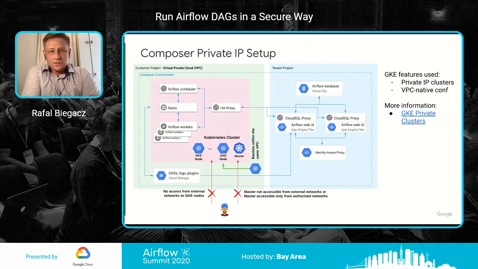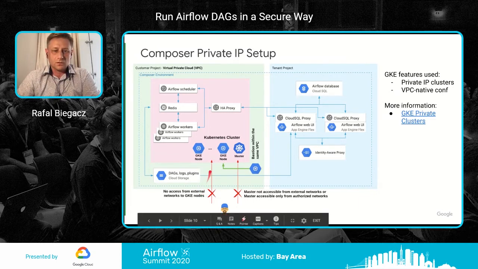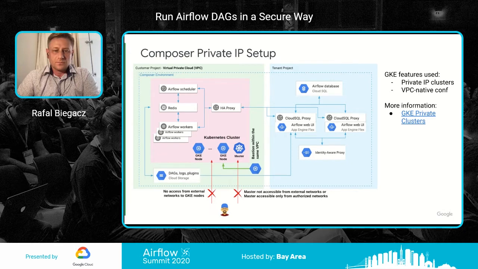And once we do that, we will block access to GKE nodes from the external world, because those virtual machines used for GKE nodes are not going to have external IP addresses. On the other hand, when it comes to the GKE master, we actually have a couple of alternatives here.